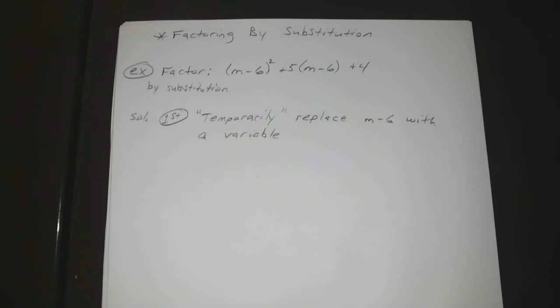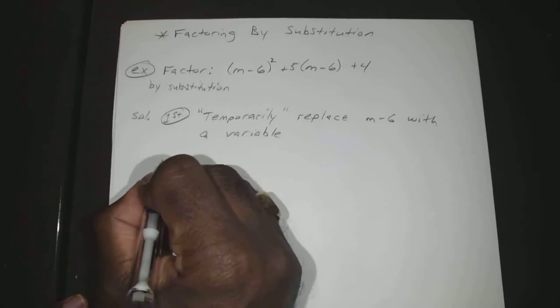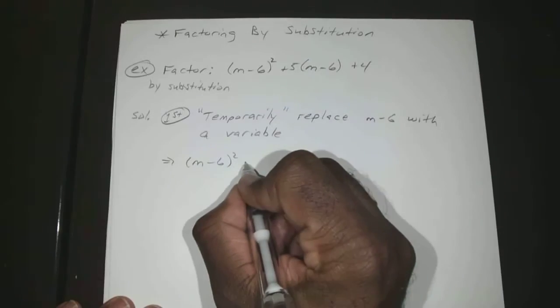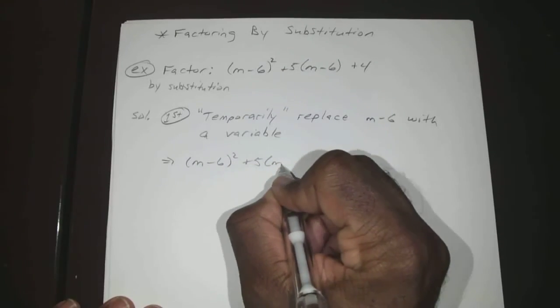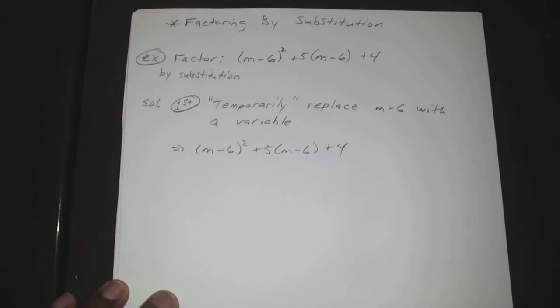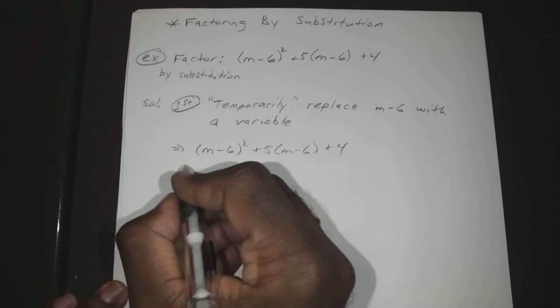You can choose x, you can choose y, doesn't matter, because you're going to replace it again at the end. Okay, so that means that m minus 6 squared plus 5 times m minus 6 plus 4. So you replace it with x.